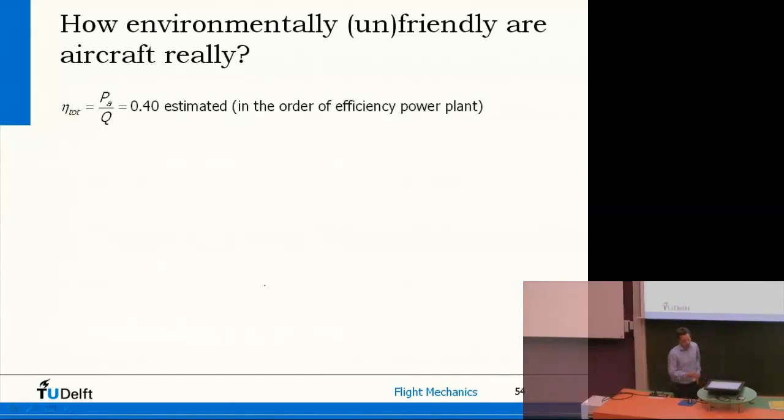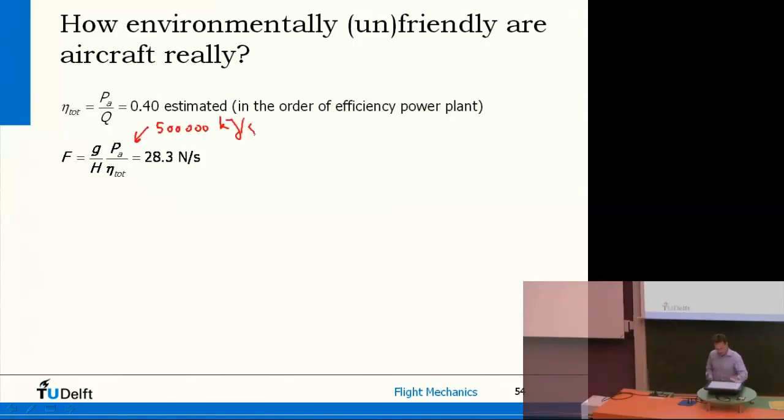So, like I stated, the engine of this aircraft has an efficiency of about 40% in total, which means that if I take that power of 500,000 kilojoules per second and I take the total efficiency, then I get the actual kilojoules I need, and this H is basically a chemical quantity.